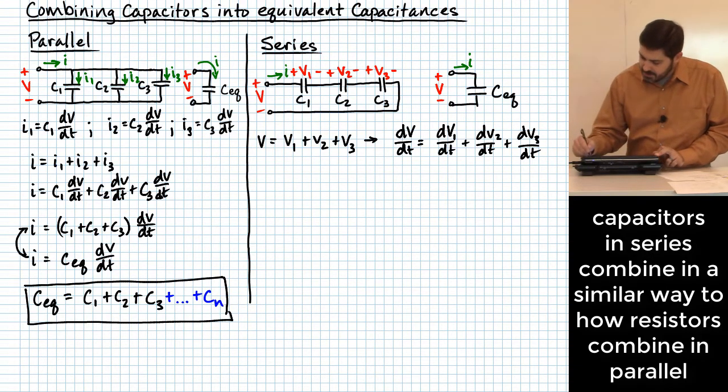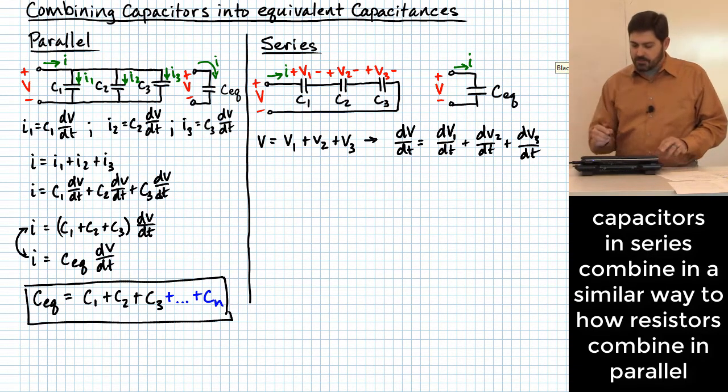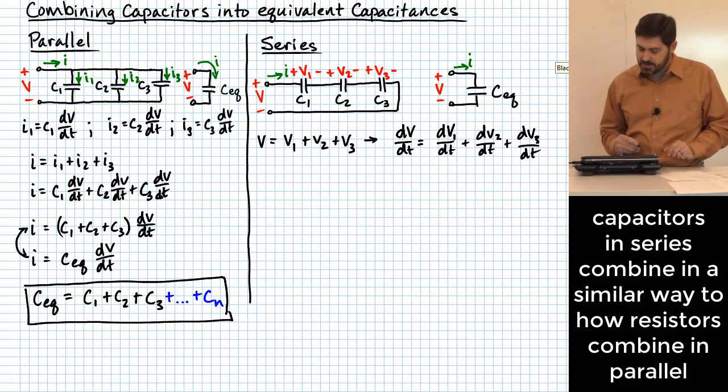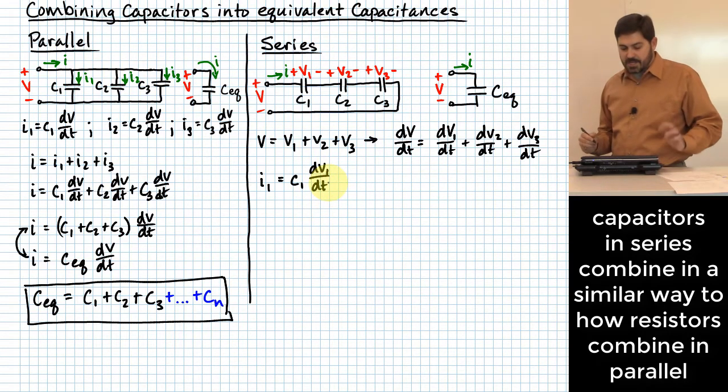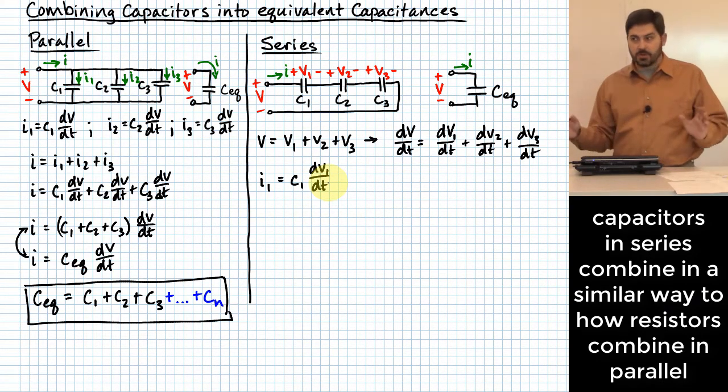So that means that if I look at my equation for each one of these capacitors, let's say for the very first one, we would say that the current through the first capacitor, let me put I1 at least for starters, is going to be equal to C1 dV1 dt. But we just said a second ago, it's the same current through everything.